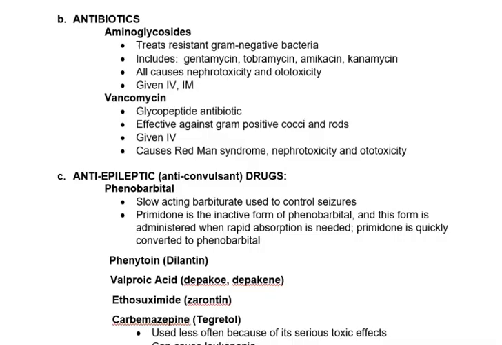Next in our antibiotic group is vancomycin. These are glycopeptide antibiotics. They're effective against gram-positive cocci and rods. They're given through IV. They can cause red man syndrome, which is a red rash on the face, neck, and upper torso. It can cause a burning and itching feeling, and it can also cause nephrotoxicity and ototoxicity.